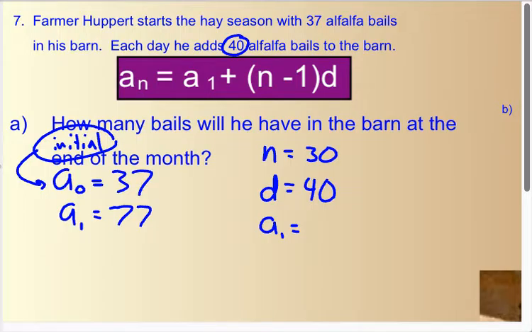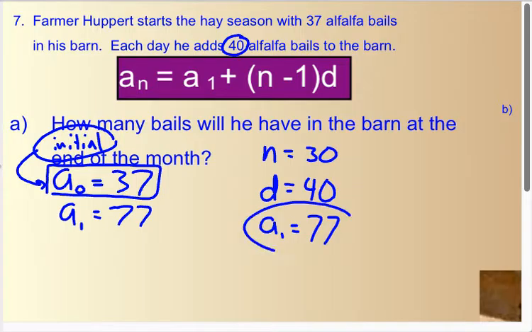So sometimes you start out with something and after the first year, after an hour, after the first second or something like that, that would become your a sub 1. So sometimes you have to find your a sub 1 if you're given what we call an initial value. So a sub 1 in this case is 77, not the 37, like you would think naturally.